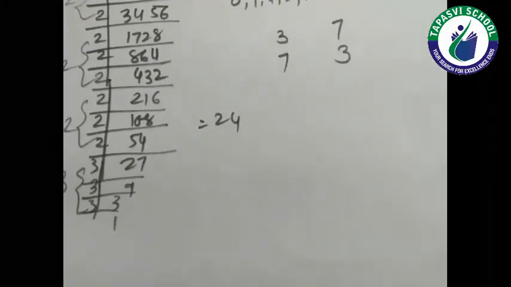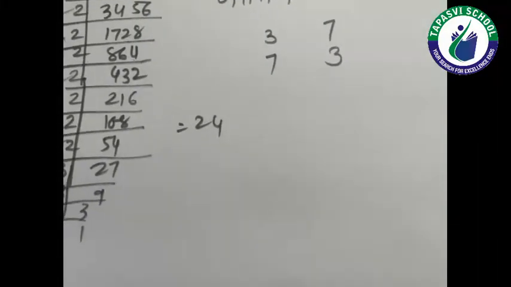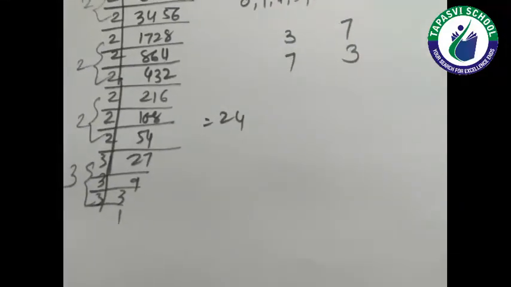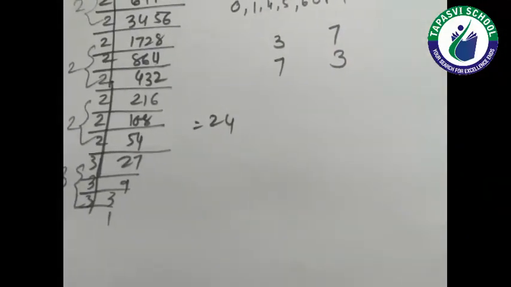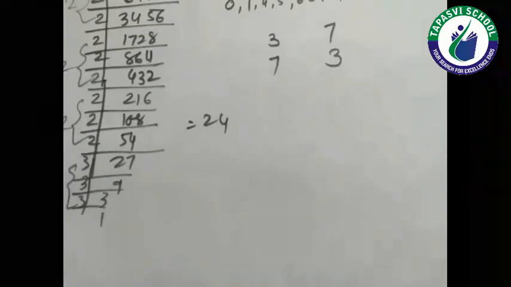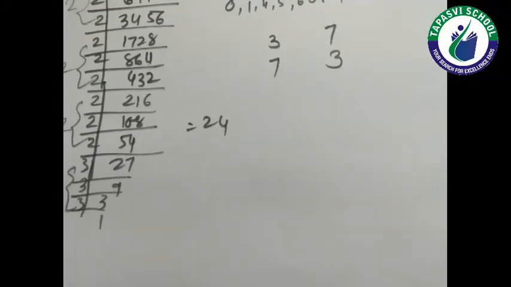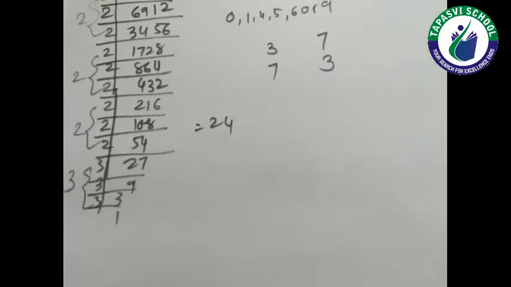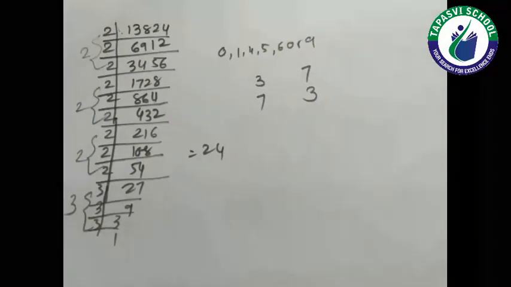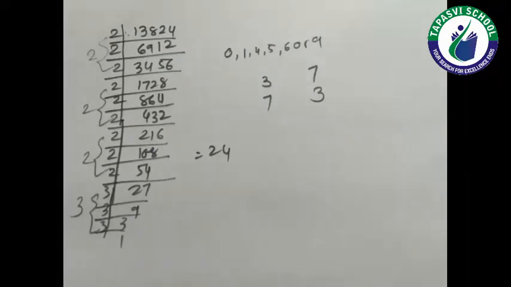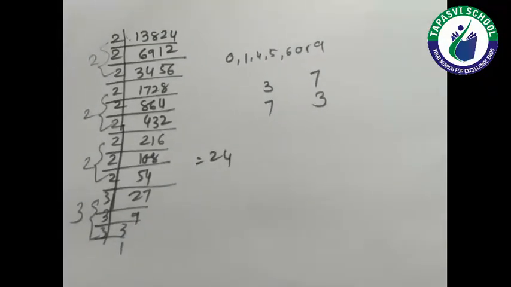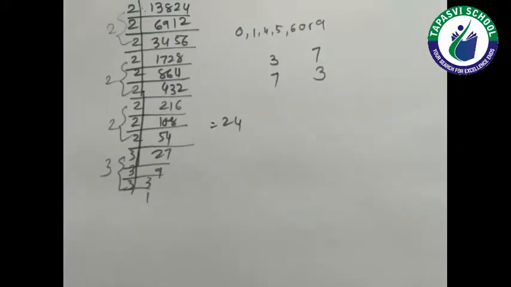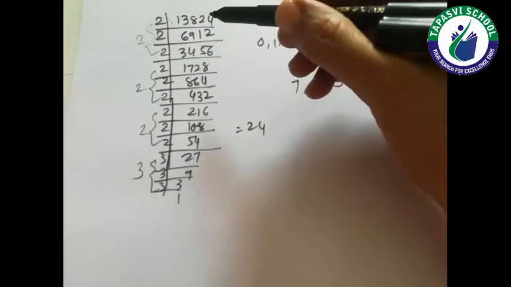Here we can see the difference is only that in square and square root we were making pairs of the same 2 digits, and in cube and cube root we will make groups of the same 3 digits, and accordingly we will find it out. We discussed the properties of both concepts. Now the same method we have used here to find the cube root of this number.